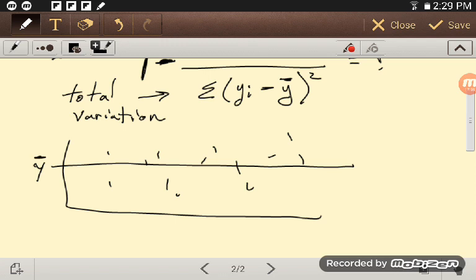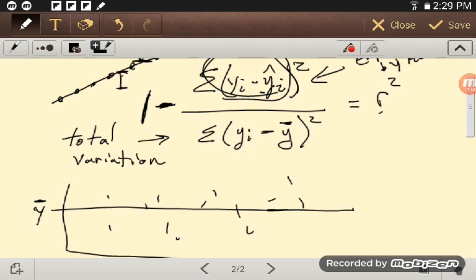So this model would be the same as y bar, and we would get basically the sum of yi minus y bar, quantity squared, over the sum of yi minus y bar, quantity squared, and so that would be a 1, so it's 1 minus that. Okay, so our r squared is 1 minus this ratio of deviations.